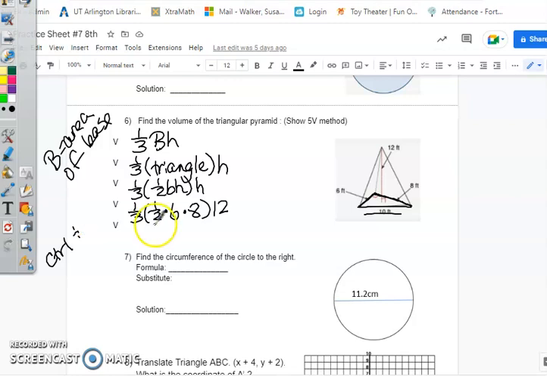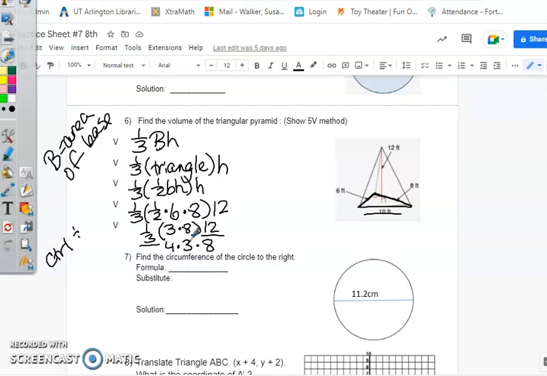If you like to do it by hand, you could say, okay, half of 6, 3 times 8. I like to do 1/3 of 12 because that's 12 divided by 3, which is 4 times 3 times 8. Okay? So finish that up. You can use a calculator. You don't have to use a calculator.